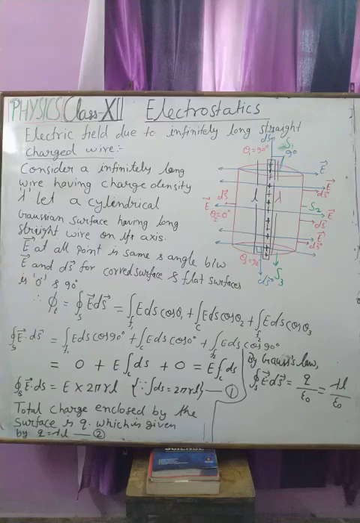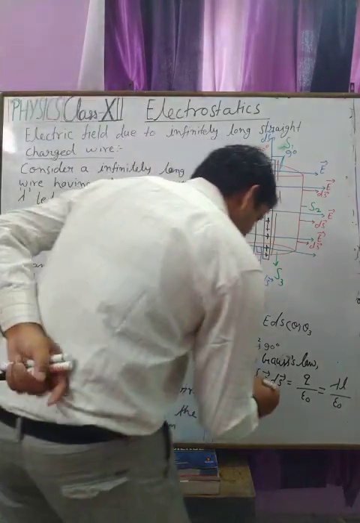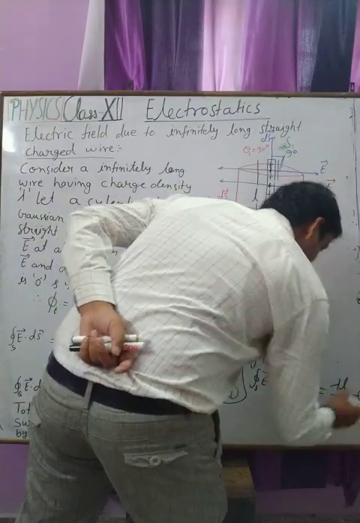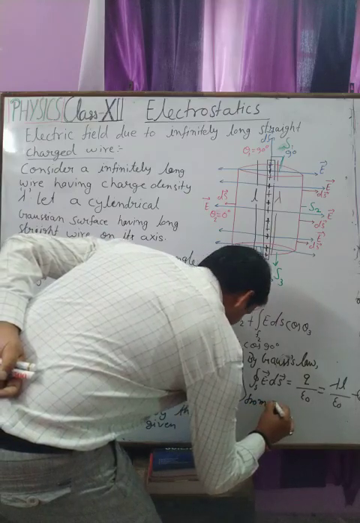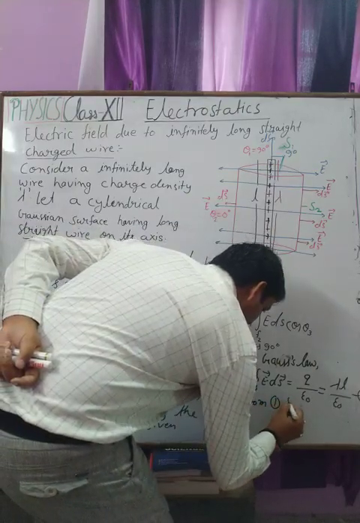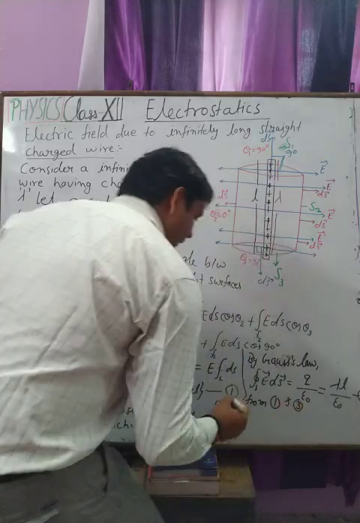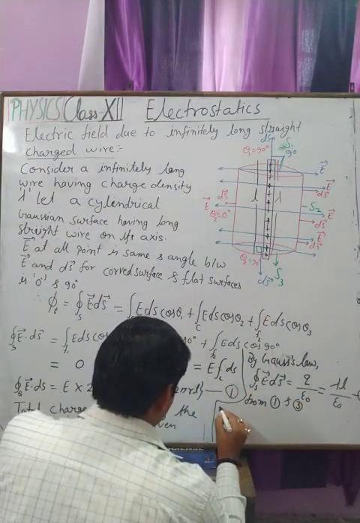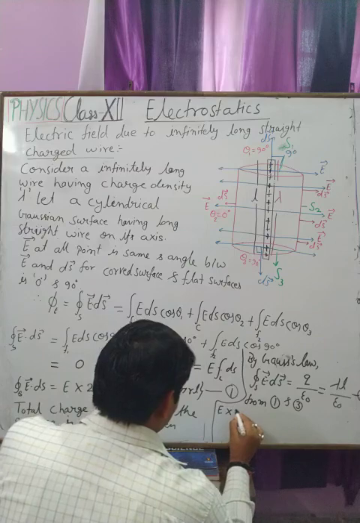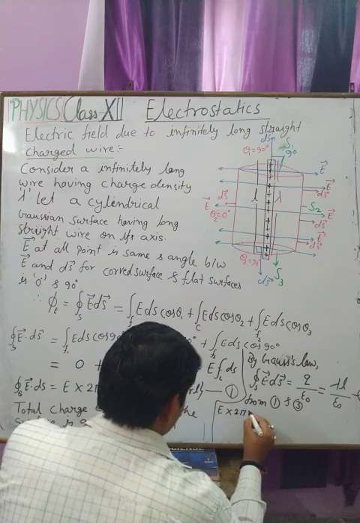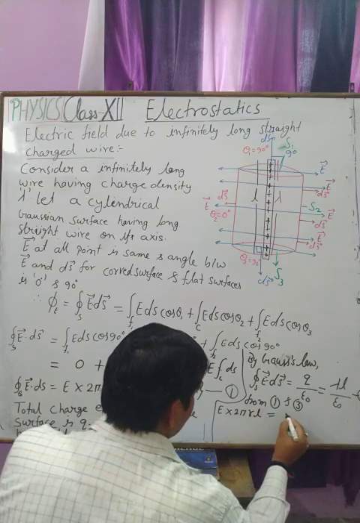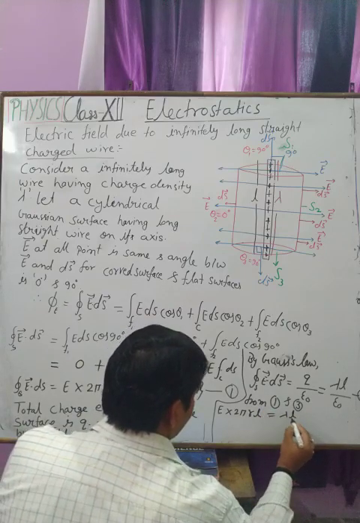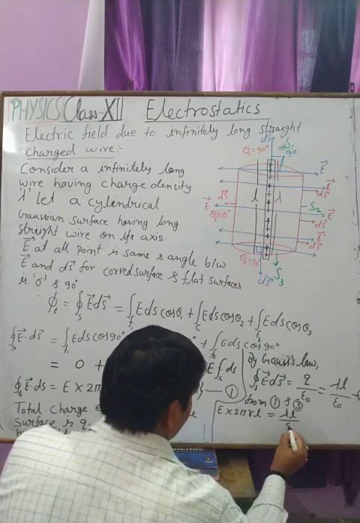Okay, and we have the value of E dot ds, this is equation third, from first and third we are getting E into 2 pi r l is equal to lambda L upon epsilon naught.